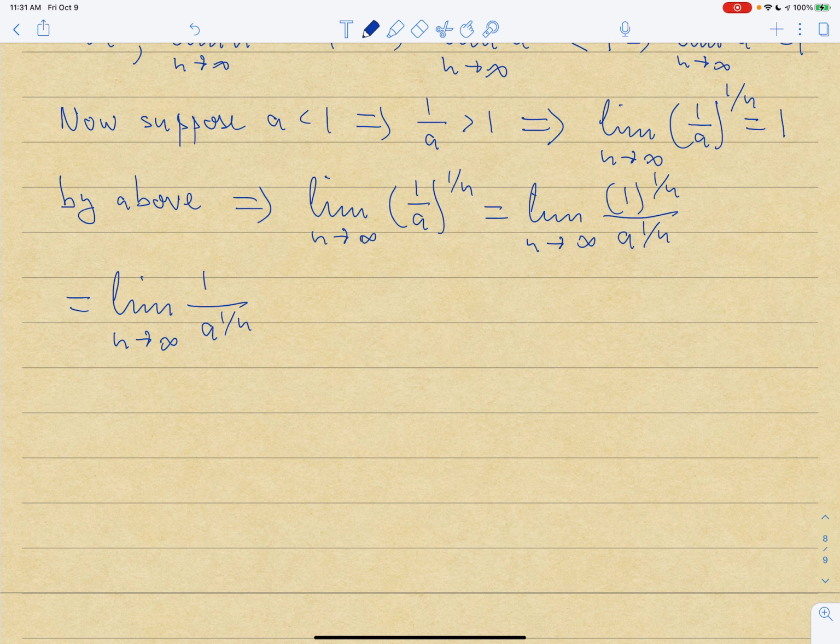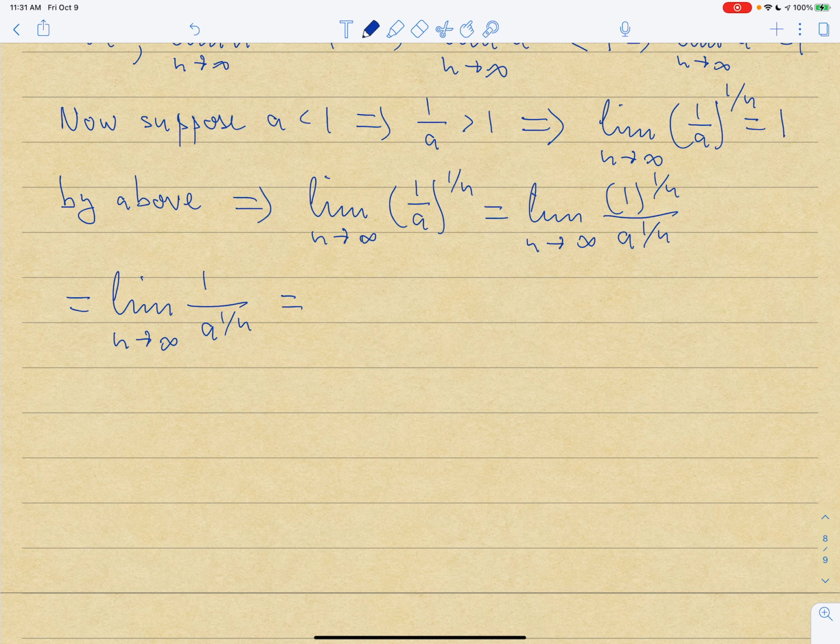Okay, but then that limit I know is equal to 1. And I also know that the limit of the ratio of two sequences is the ratio of two limits, per what we discussed above, as long as the sequence in the denominator and its limit are not equal to 0, which they're not in this case.